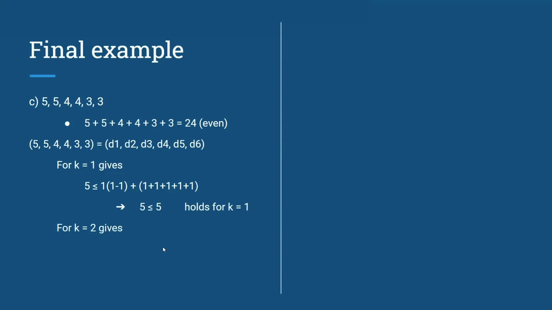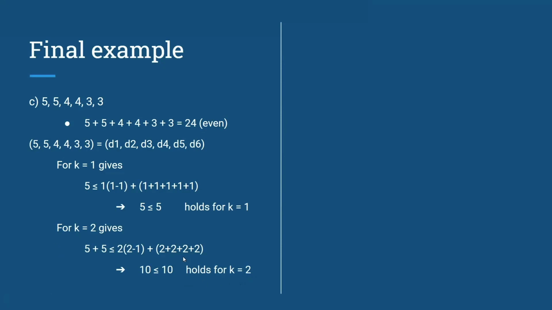For k equals 2, it gives 5 plus 5 is less than or equal to 2 times (2 minus 1) plus 2 plus 2 plus 2, which comes out to 10 is less than or equal to 10, which holds for k equals 2.